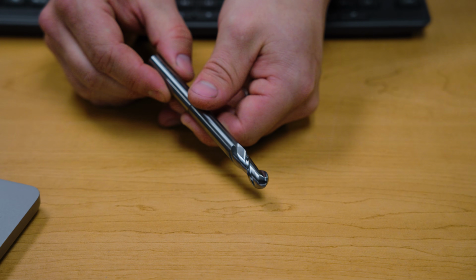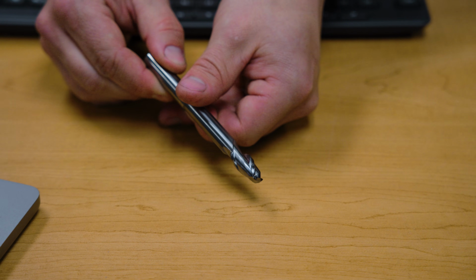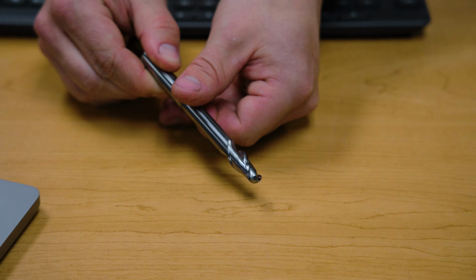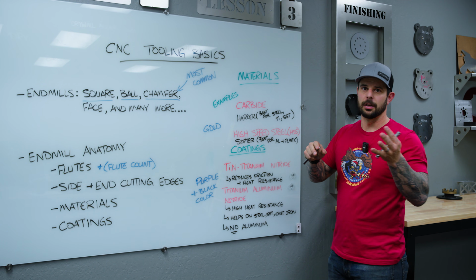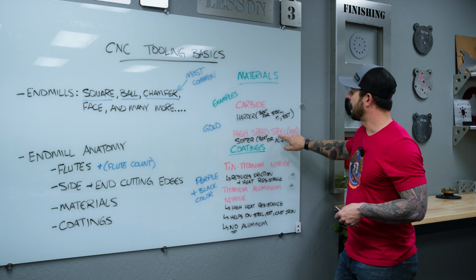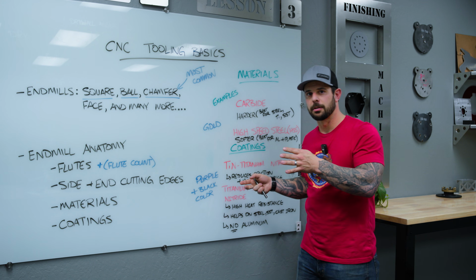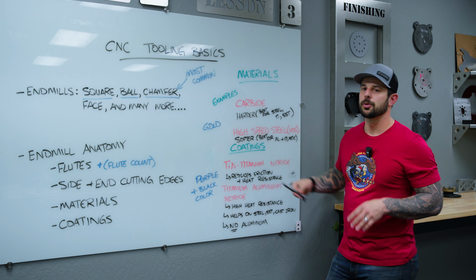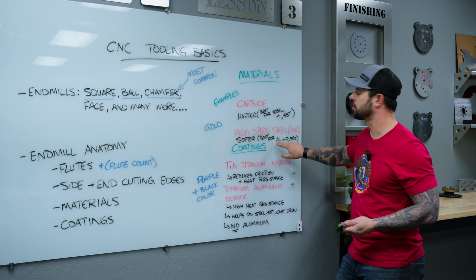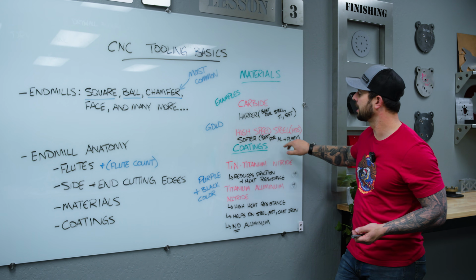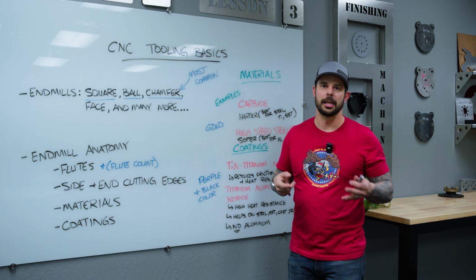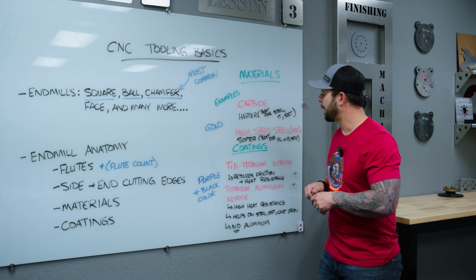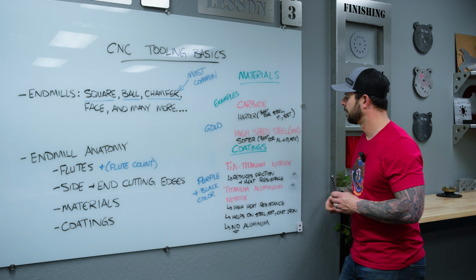This also, though, is really commonly seen in job shops because it's the best balance between cost of material for the end mill and longevity. High-speed steel is a cheaper end mill material, but it's also softer. It limits you down to softer materials like aluminum and plastic, and this is most commonly seen in garage or job shops, depending on the material that they're wanting to cut.